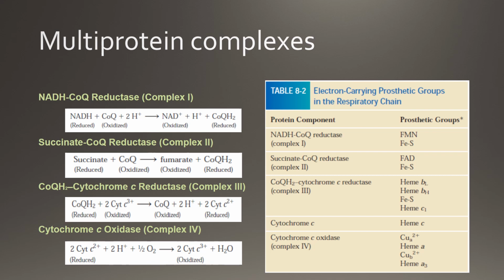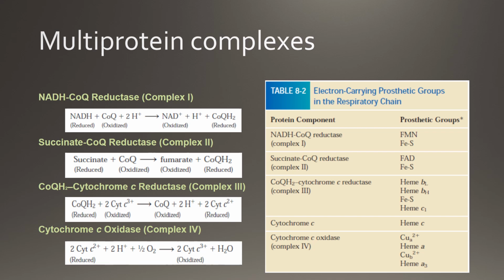Electrons are carried from NADH to coenzyme Q by the NADH coenzyme Q reductase complex. NAD+ is exclusively a 2-electron carrier. It accepts or releases a pair of electrons at a time.